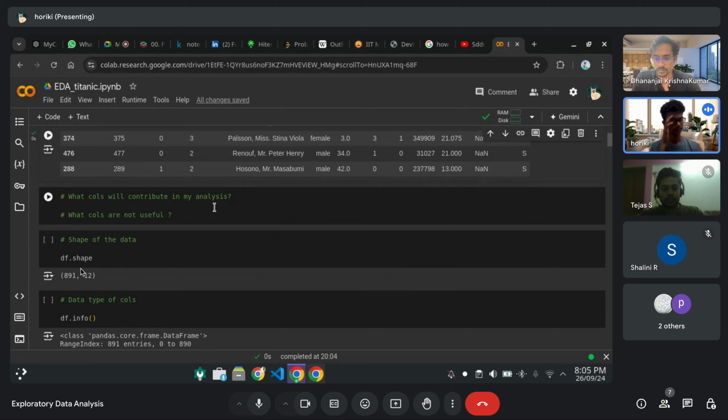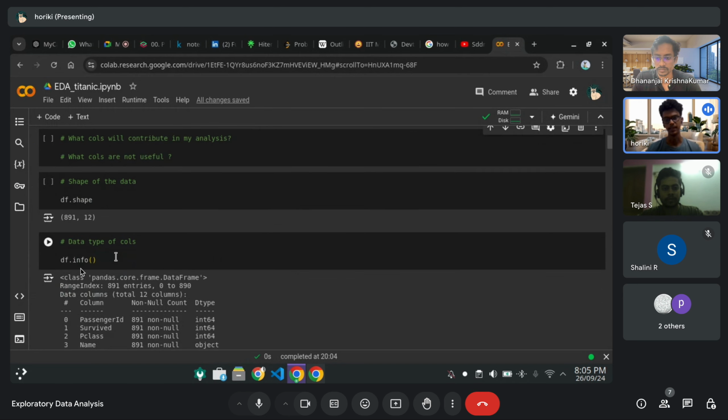So the first business is what columns will contribute to my analysis and what columns are not useful. So let's look at the shape of the data. Here the shape of the data is 12 columns and 891 rows of data. So we can compare how many data are missing based on this number, 891.